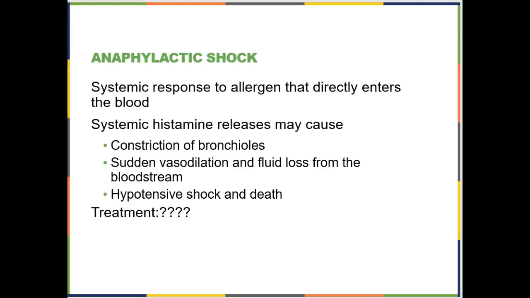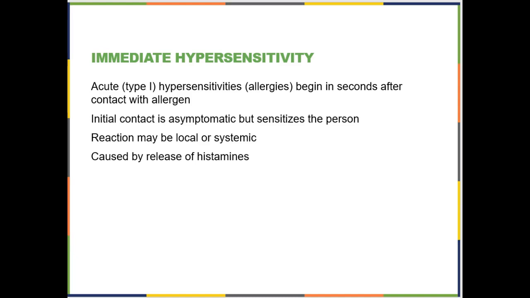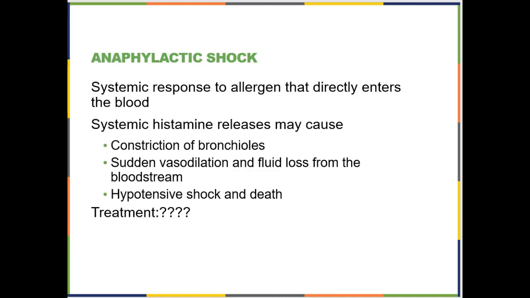I'm not going to ask you about shock. Just know that anaphylactic shock is bad for you. This happens when you have immediate hypersensitivities and it's systemic. So basophils and other immune cells throughout your body are releasing lots of histamines. Then all of your blood vessels become vasodilated and permeable, so fluid starts leaking out of your bloodstream.